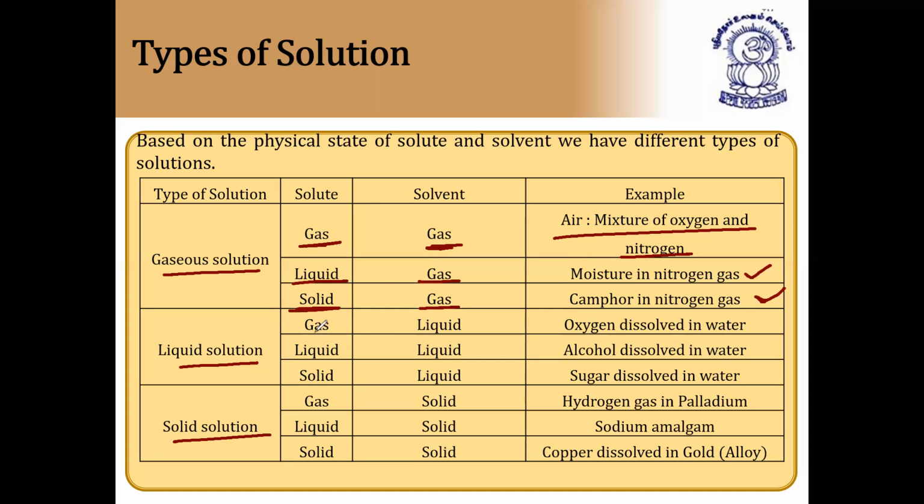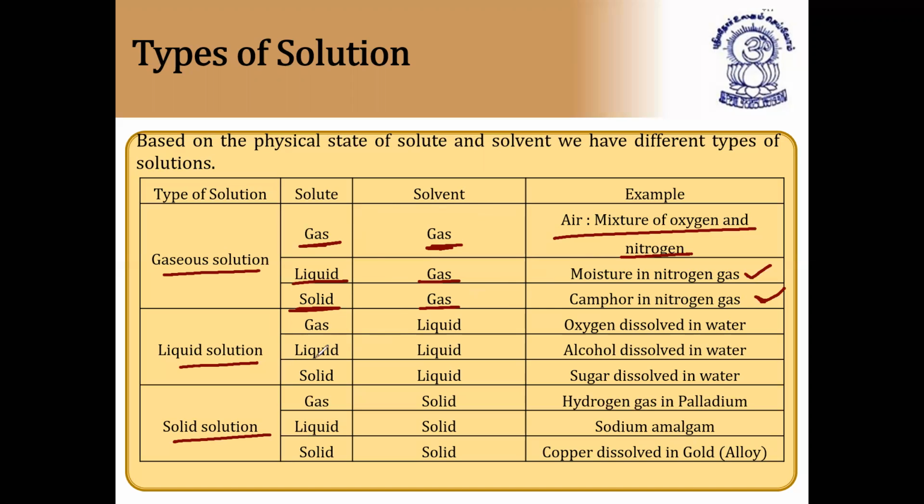A liquid solution means the solvent is liquid and the solute can be gas, liquid, or solid. That's why they are called liquid solutions, because the solvent present in large quantity gives the name of the solution. For example, in the first case, all the solvents are gases, and the solute can be gas, liquid, or solid. Examples are also given.